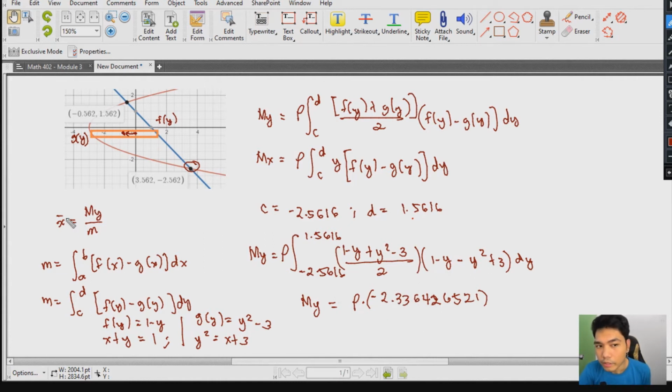And then the next step that we have to do is to divide this by our m, which in this case is simply the area of that certain figure. So from this, we could say that x bar would be equal to the density times negative 2.33. Why does it become like an area? Remember, we said our density is the mass per unit area.